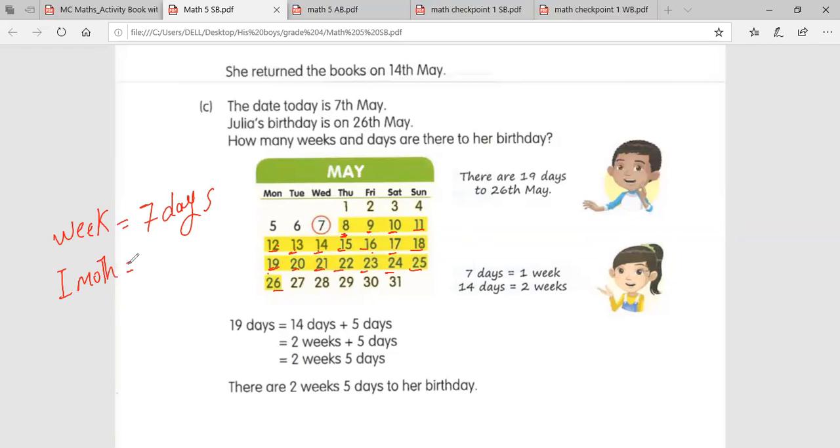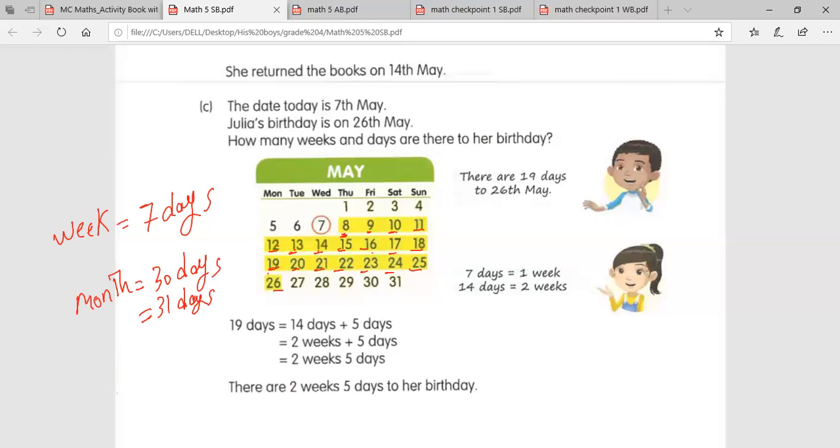It depends: a month is sometimes 30 days and sometimes 31 days.